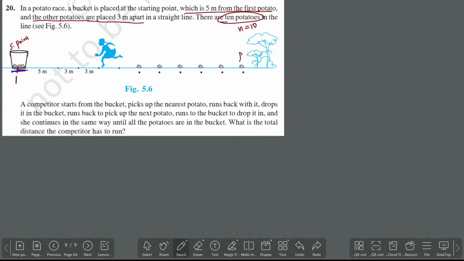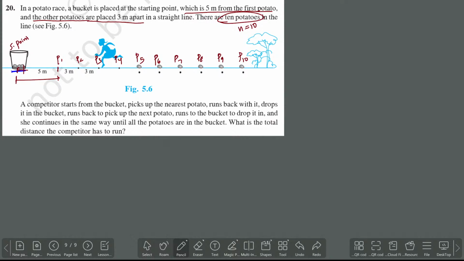Last is potato 10, then potato 9, potato 8, potato 7, potato 6, and potato 5, potato 4, potato 3, potato 2. This is potato 1, the first potato. From here to here it's 5 meter. The bucket is placed, and the first potato is placed 5 meter from the bucket.